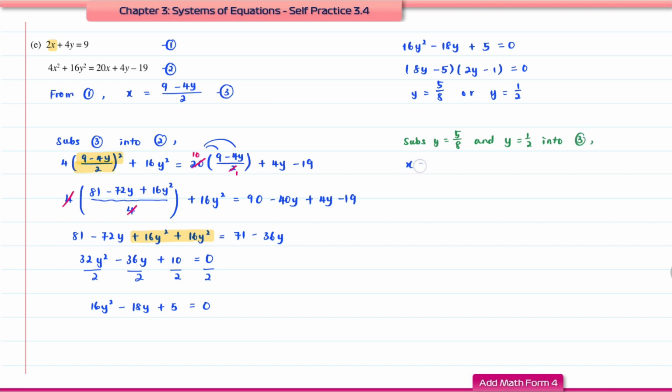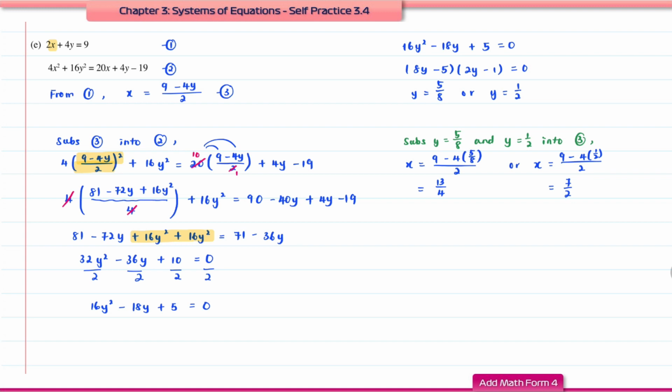So you're going to get x equal to 9 minus 4y, and then we're going to divide it by 2. Alright, just solve this using your calculator. Then you're going to get the answer for the first part here is 13 over 4. And another one will be 7 over 2.